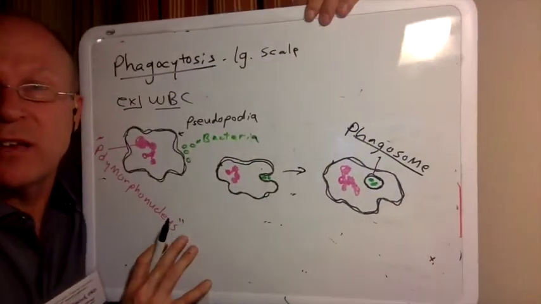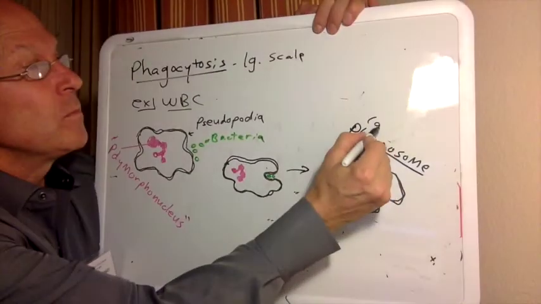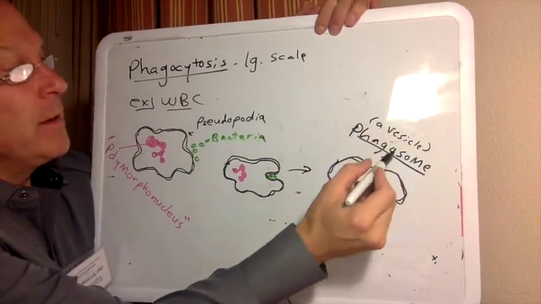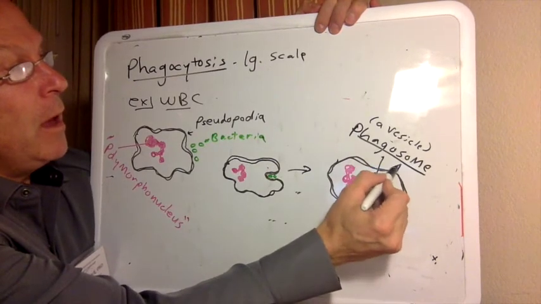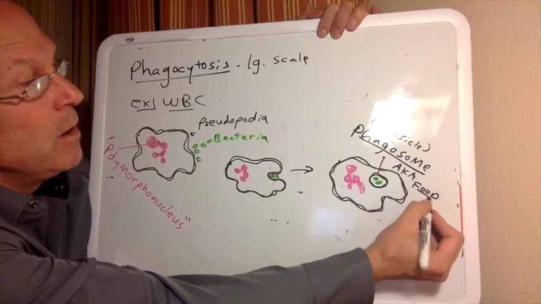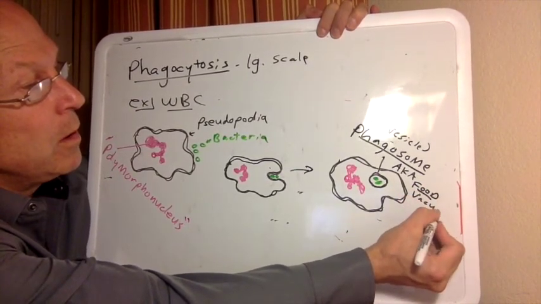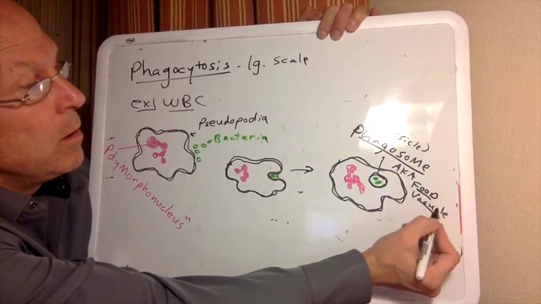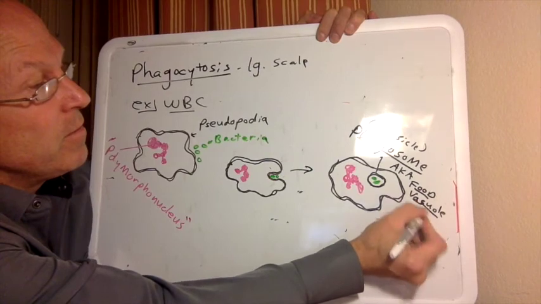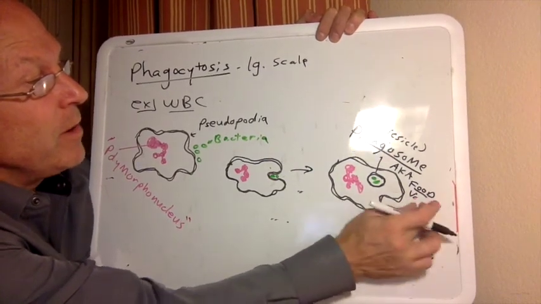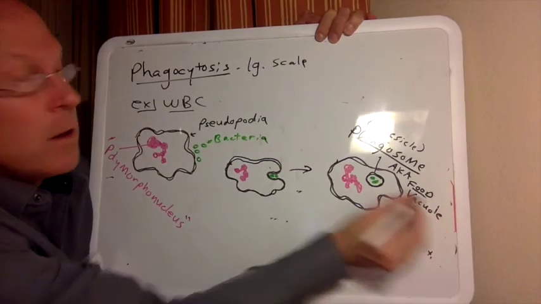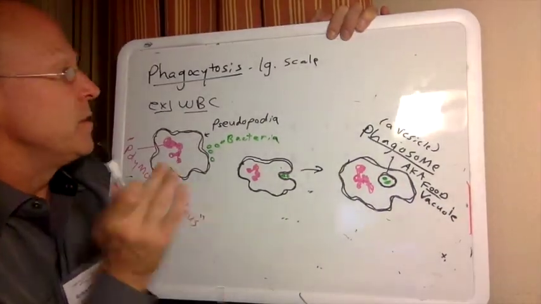That is the process that is a vesicle called a phagosome. It's also known as a food vacuole. Food vacuole. Excellent. So this is phagocytosis.